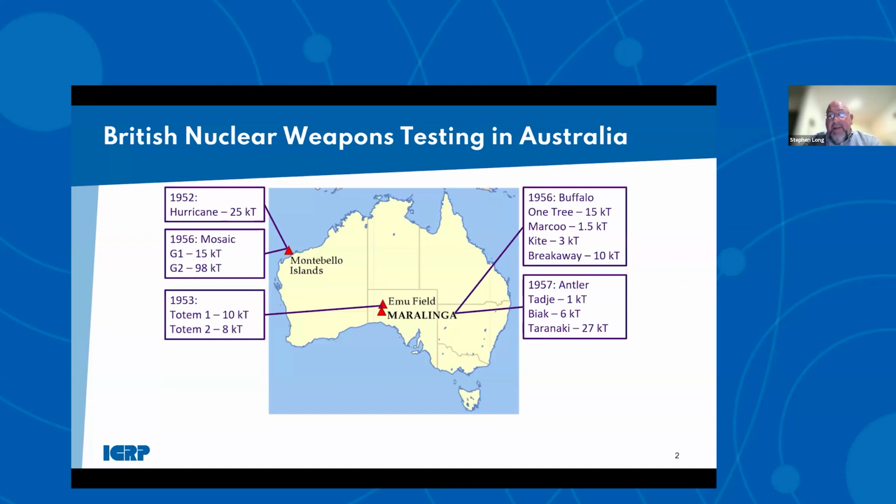And after that, the permanent nuclear test site at Maralinga was opened. In 1956, they detonated 4 weapons in Operation Buffalo, and in 1957, another 3 weapons in Operation Antler, the biggest being a 27 kiloton blast.